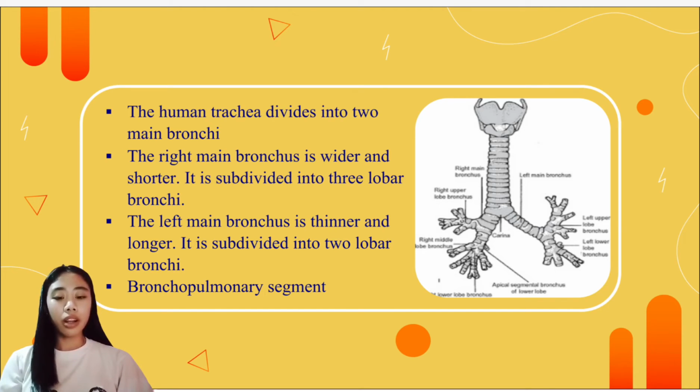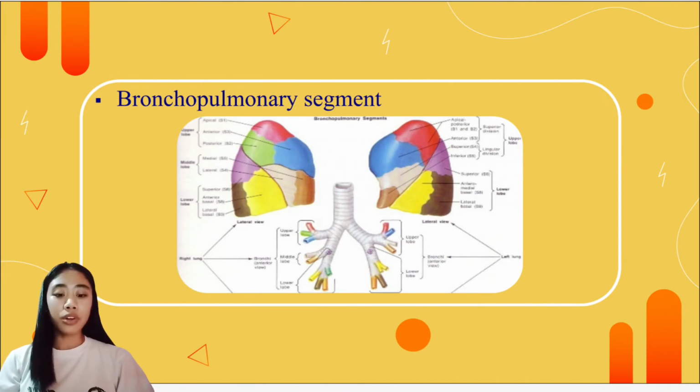The lobar bronchi, also called secondary bronchi, divide into tertiary bronchi, each of which supplies air to a different bronchopulmonary segment. A bronchopulmonary segment is a distinct region of the lung separated from the rest of the lung by connective tissue.